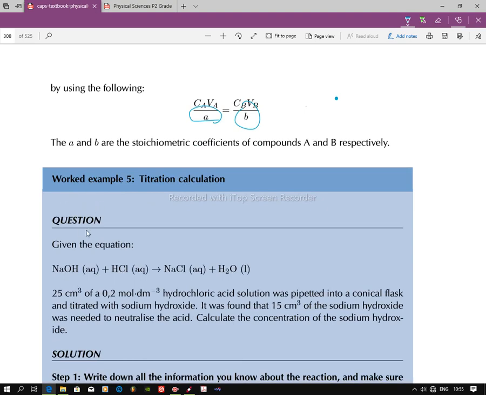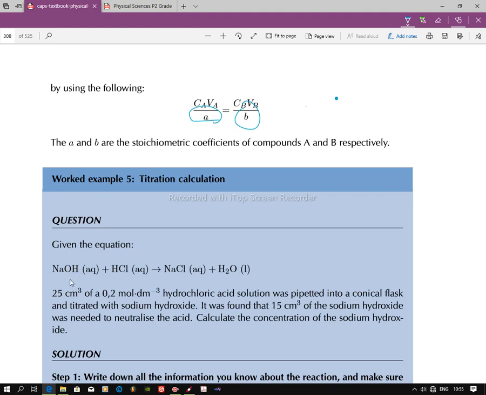Here we were given an example. I will just read the statement here and then try to explain this on the board. We are given the equation.